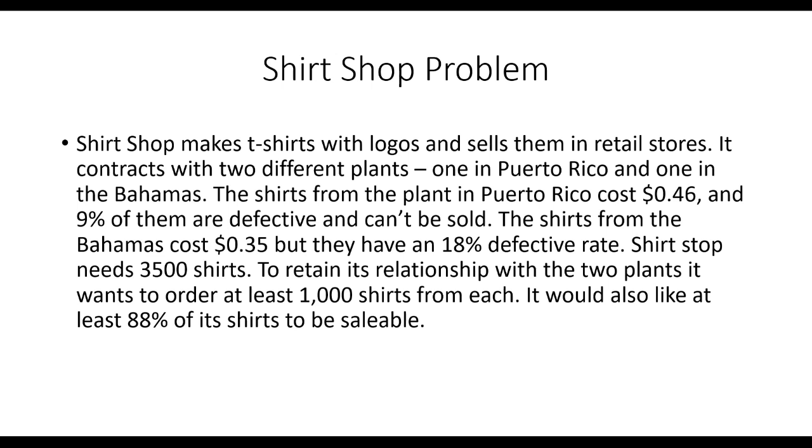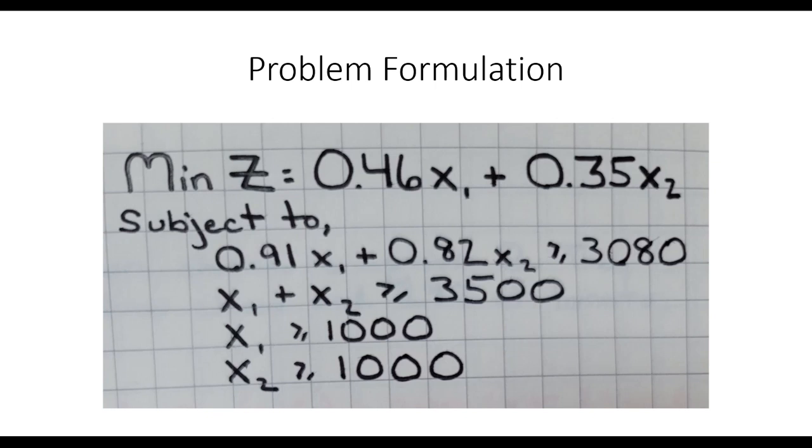So x1, which is shirts from Puerto Rico, must be greater than or equal to 1,000. And x2, shirts from the Bahamas, must also be greater than or equal to 1,000.